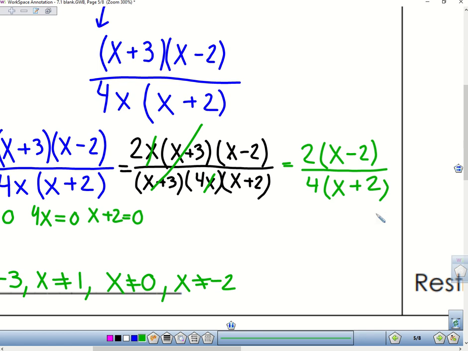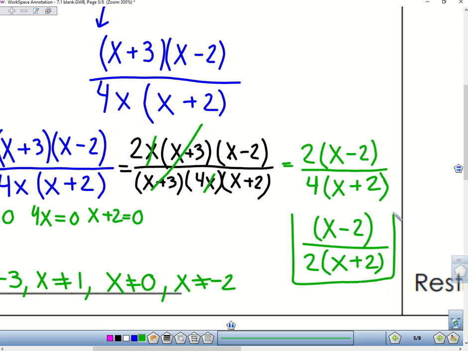Are we done simplifying? No, we can reduce this fraction to 1 over 2, which is just x minus 2 over 2 times x plus 2. And that would be our fully simplified form.